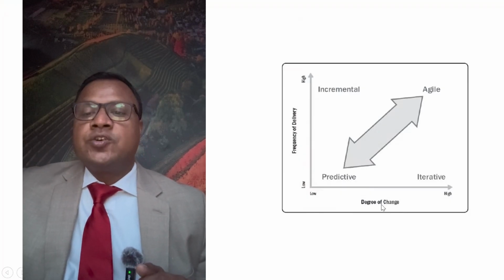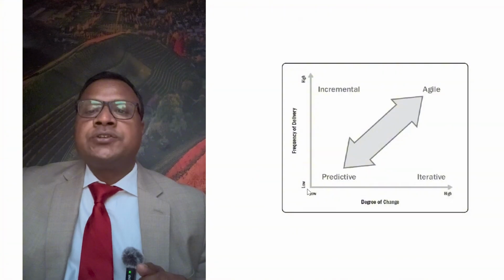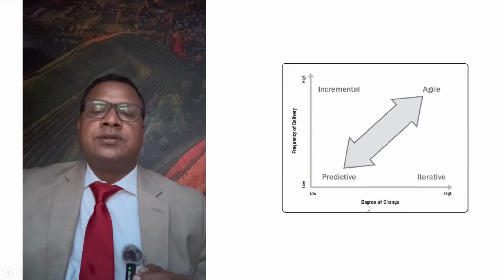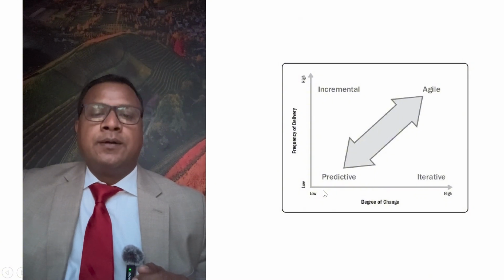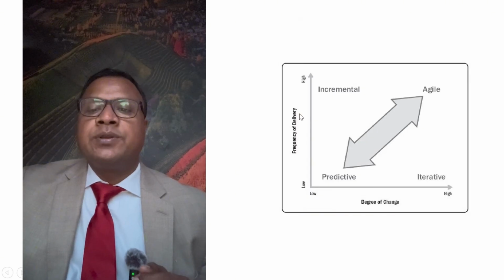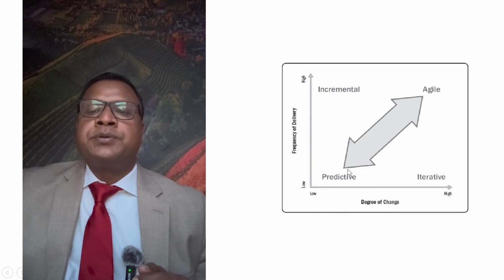When the degree of change is low and frequency of delivery is also low, it is predictive, because in predictive there is only one delivery, no frequency, and no option of change actually. If you change, it takes huge resources. That's why it's called predictive.